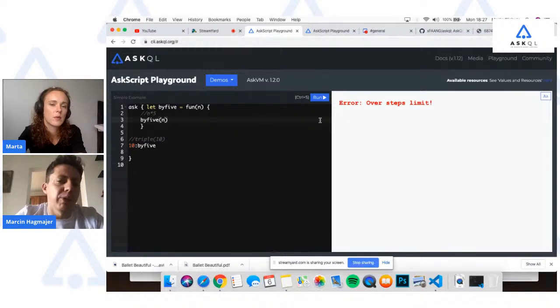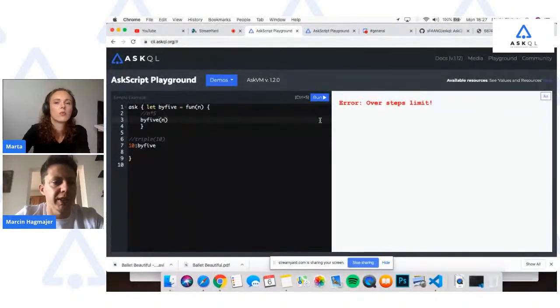That's how I got this error. In AskVM, we're going to have different limits that we run into eventually, and that steps limit is a limit on the number of steps. Your program, with every computation, has to make a certain number of steps. So the more you want to compute, the more steps you need.